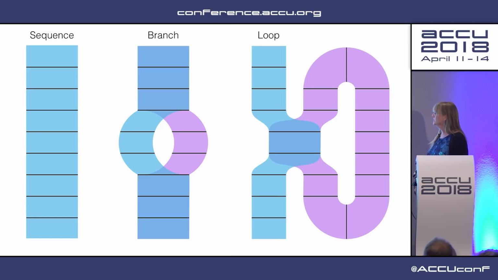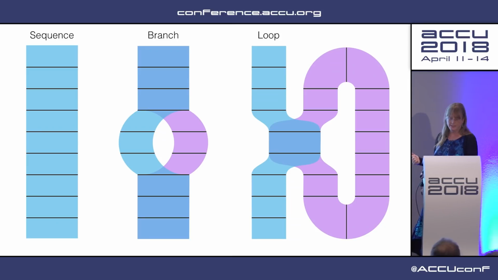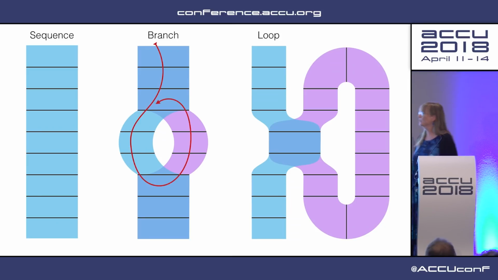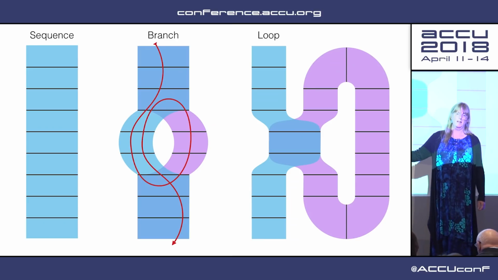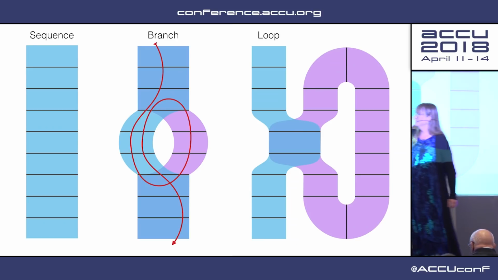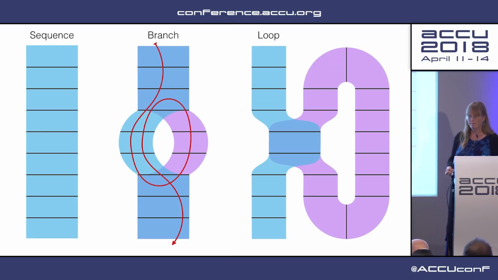We can form branches and loops that way. But here we have a problem. If this were space, I can take a route like this. But I meant this to be a branch. That's not something you can do in branching in your code.